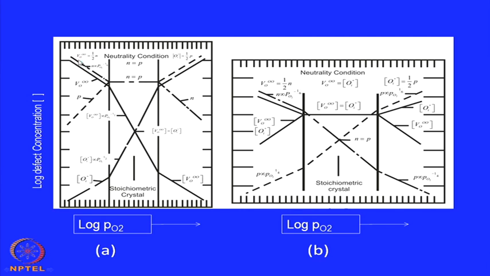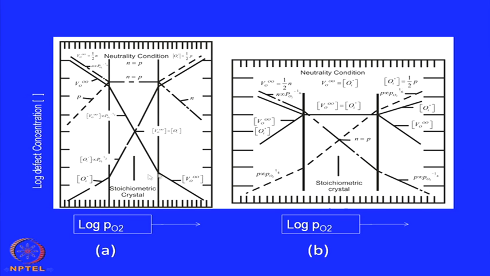But electron concentration is still higher than the oxygen vacancy or oxygen interstitial. On this side hole concentration is higher, and there is an intermediate range where N is equal to P, that means number of electrons and number of holes are same.